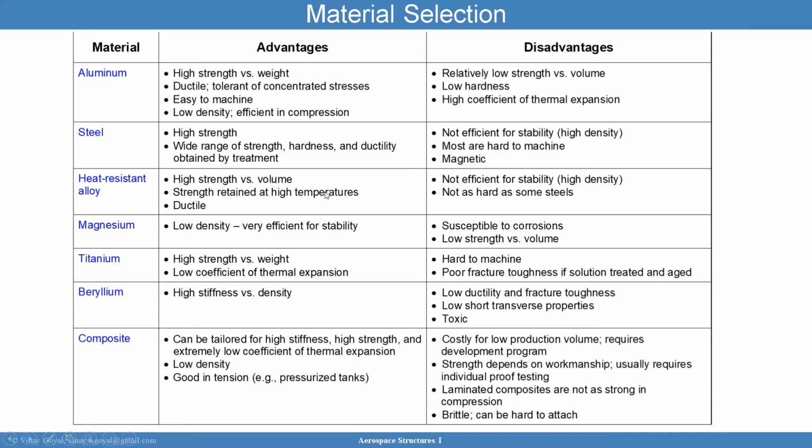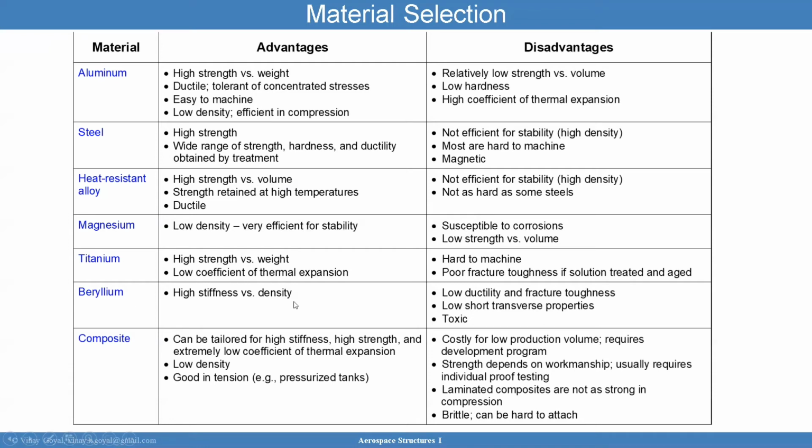Strength is retained at high temperatures and they are ductile, but they are not efficient for stability and are not as hard as some steels. Magnesium is low density and is susceptible to corrosion. Titanium is high strength with a low coefficient of thermal expansion. It is expensive, hard to machine, and has poor fracture toughness. So you will often see a lot of issues with titanium when it comes to fracture.